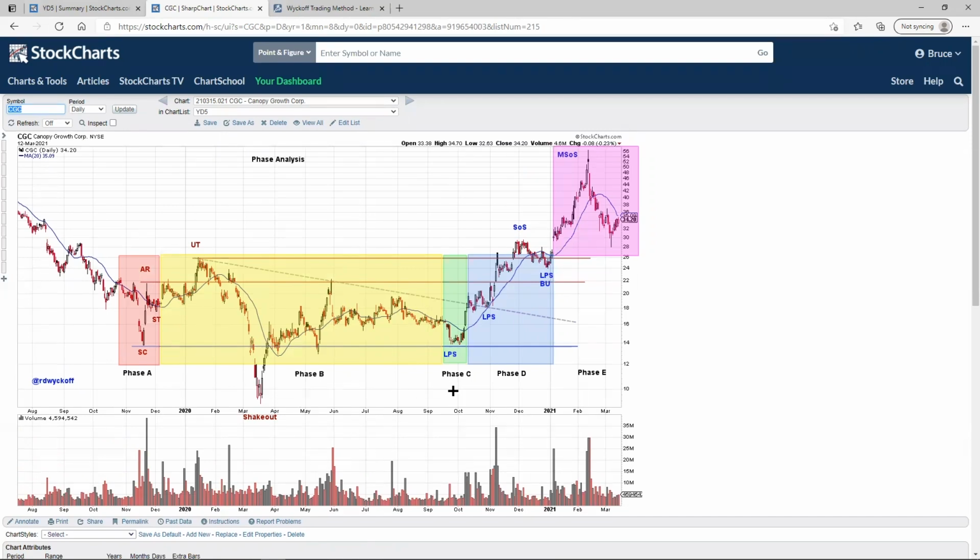We are trying to identify a phase C final test, which is a last point of support. And you can see here that in fact the character changes after it goes down and touches support, and starts to rally. The reactions are very shallow on the way up. That shows that stock has been absorbed. That's what accumulation is.